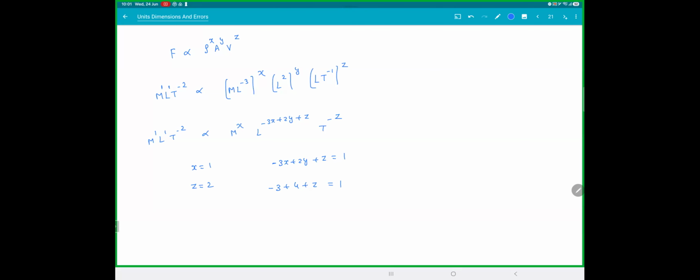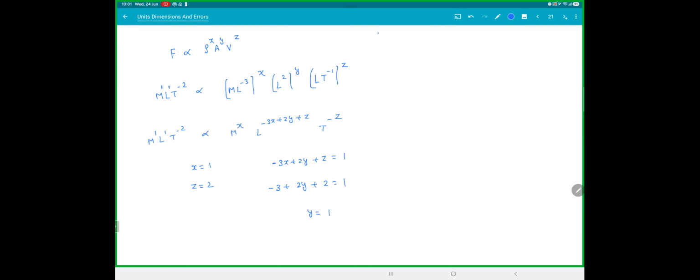Density is mass by volume, area is L square, minus 3 plus 4, that's 1. Why am I getting z as 0? Yeah, wait, why did I substitute in there? Y is equal to 1.